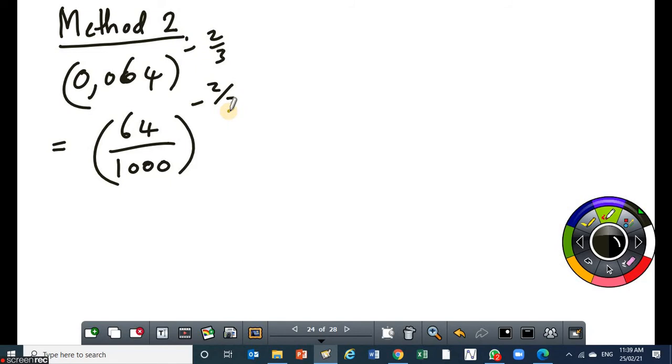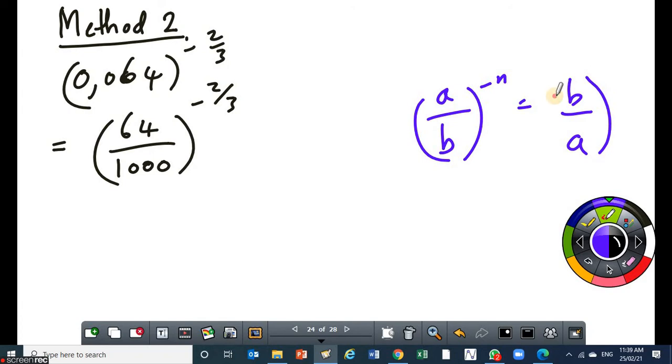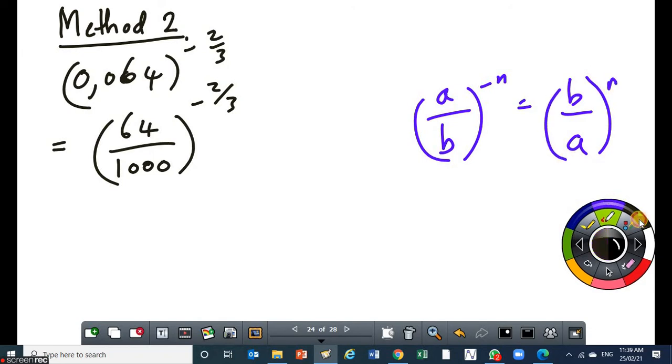Using this rule, you have it in your books: a over b raised to the power of minus n is equal to b over a raised to the power of n. So I can write this as 1,000 over 64 all raised to the power of 2 over 3.